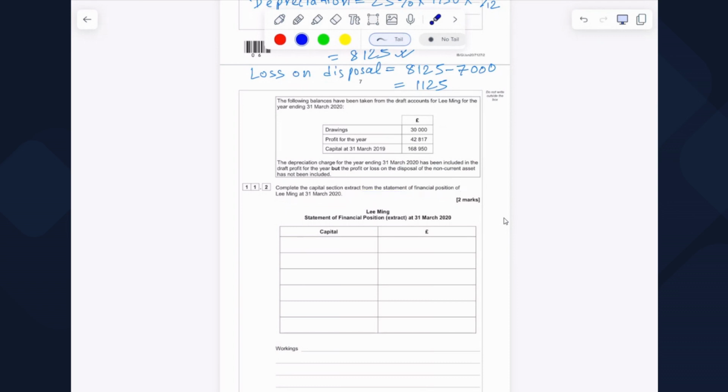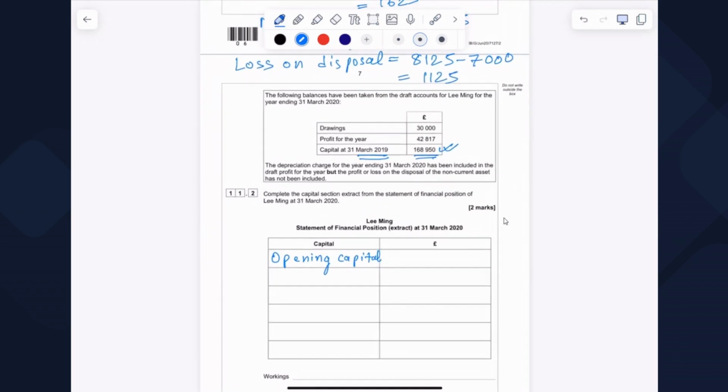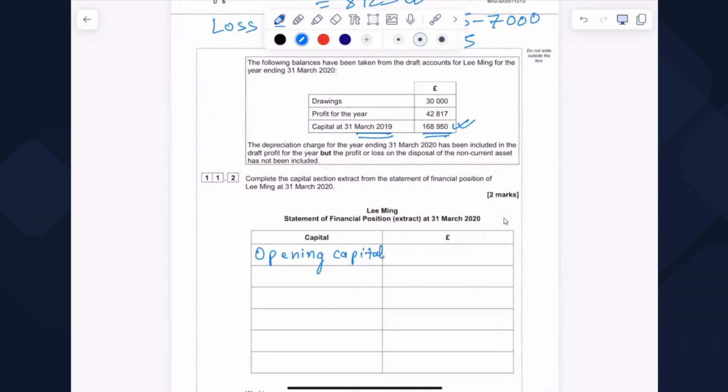All right. So if you want to prepare the capital section extract, it's quite easy. We start with the opening capital, which would be the closing capital from previous financial year, which is £168,950.